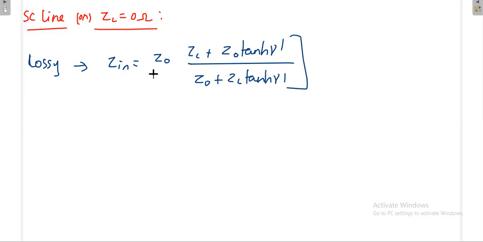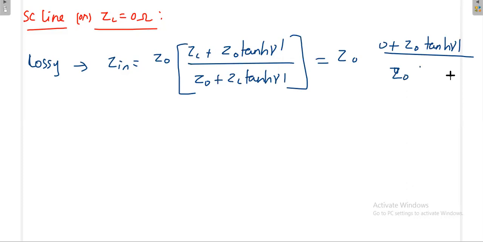Now you substitute ZL equal to 0. Then you get Z naught times Z naught tanh gamma L over Z naught, Z naught cancels, and finally your input impedance is Z naught tanh gamma L.